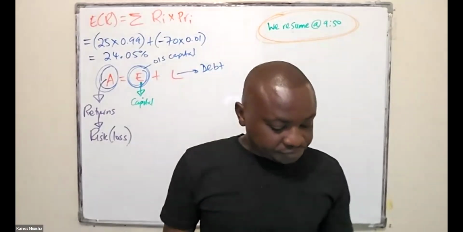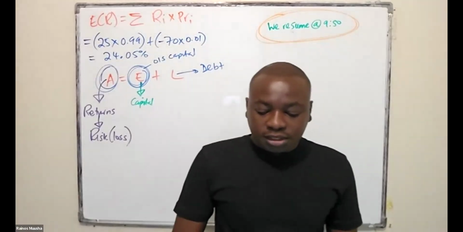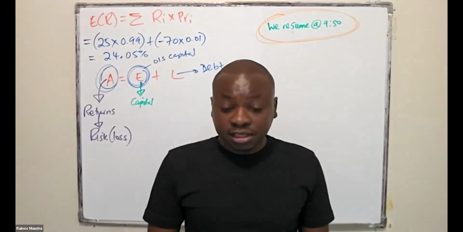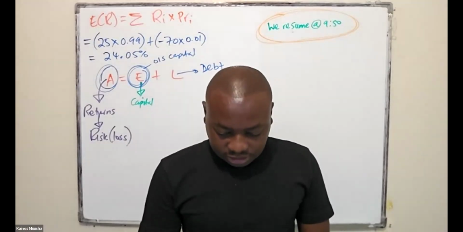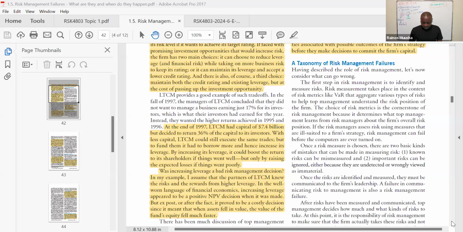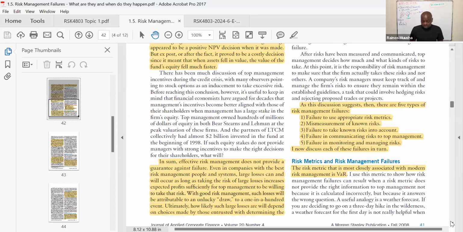All right, can we continue? So now we are going to be looking at identifying the different types of risk management failures. In the section where we look at the taxonomy of risk management failures, they say, as these discussions suggest, there are 5 types of risk management failures.